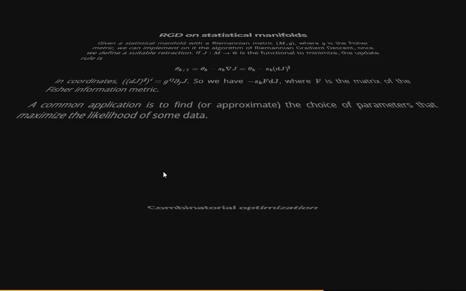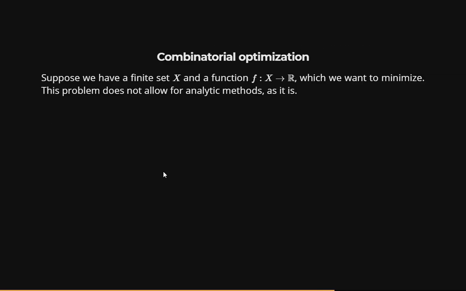Now, another interesting application is the following. Suppose you have a function you want to maximize or minimize on a finite set. You cannot use analytic methods, calculus, gradient descent, whatever, because the set is finite.